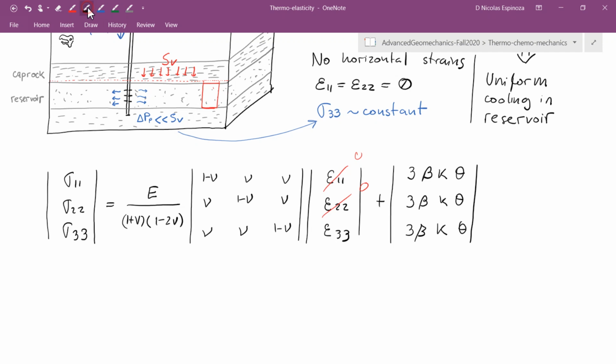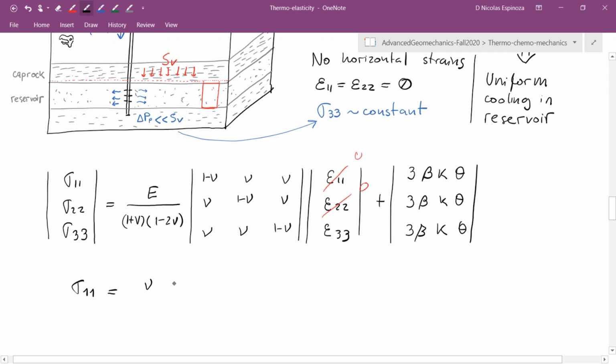So for example, let's start with sigma 11. Sigma 11, as given by the top equation, since these are going to be equal to 0, it's just going to be the product of this one times that one times this one plus that. So let me write that and bring the Poisson ratio here to the top.